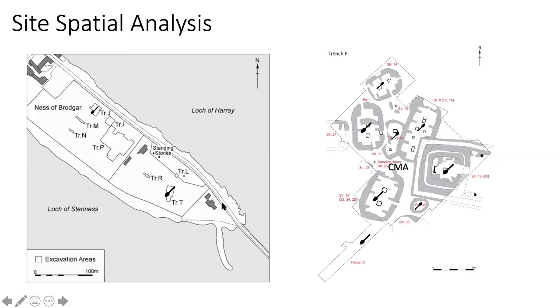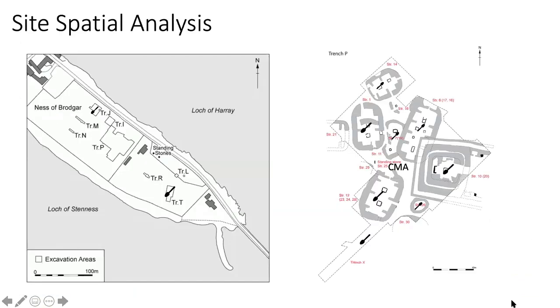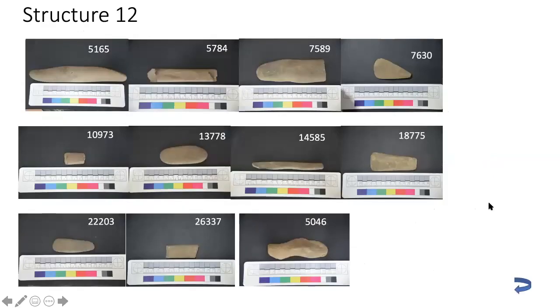And I've set this up so it's kind of like a database, and I can, for example, let's take a look at all of the artifacts from Trench J. And there they are. Go back, and we can look at structure 12, for example.